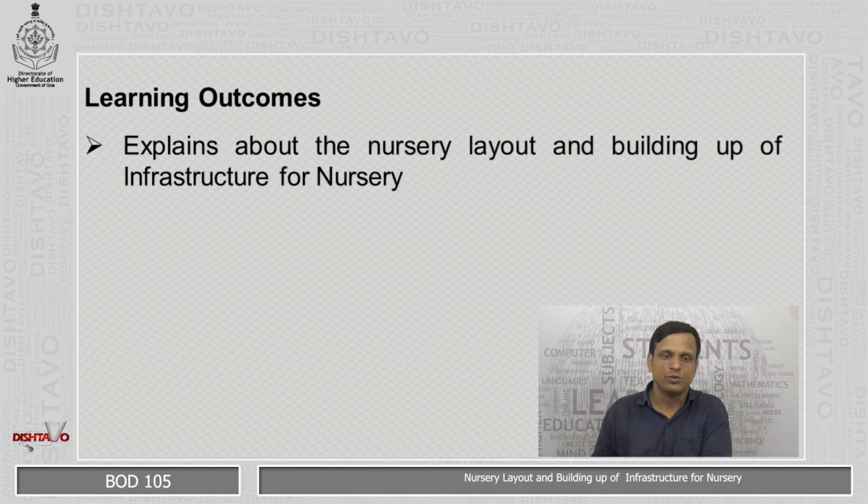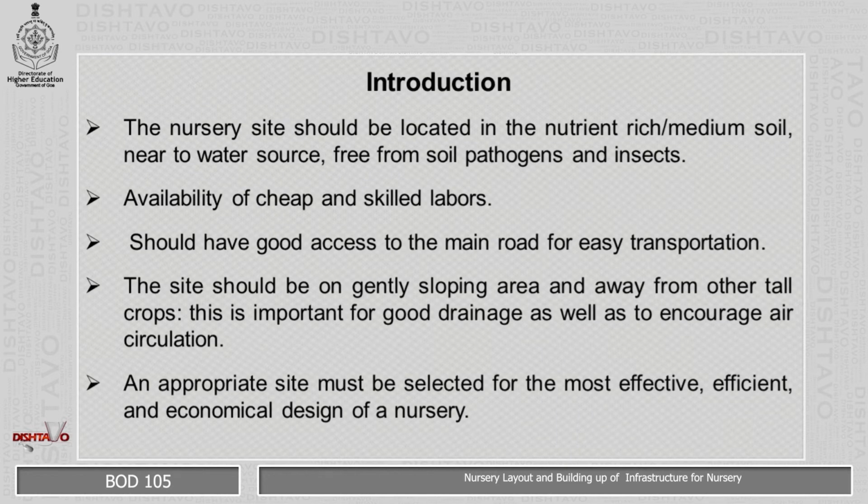At the end of this module, we should be able to make a layout for the nursery, wherein as per our need and building of infrastructure, we'll have the knowledge of what infrastructure is needed for a nursery. The nursery site, first of all, should be located in a place where we have nutrient-rich soil medium.